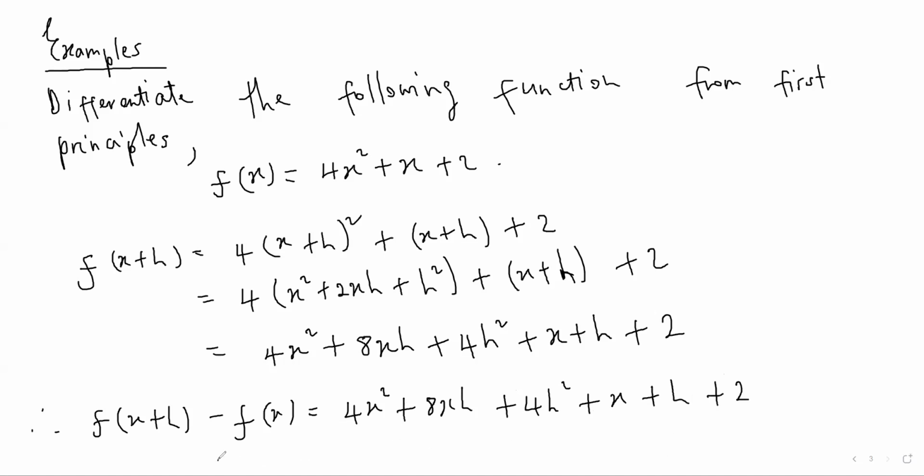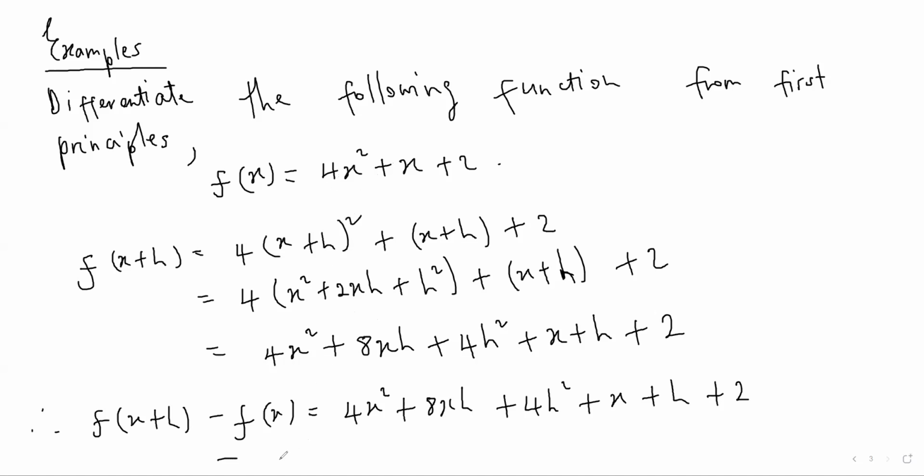Now we subtract with minus f of x, and f of x is simply 4x squared plus x plus 2. So minus that is simply, just to save time, I'm going to go straight and just minus.